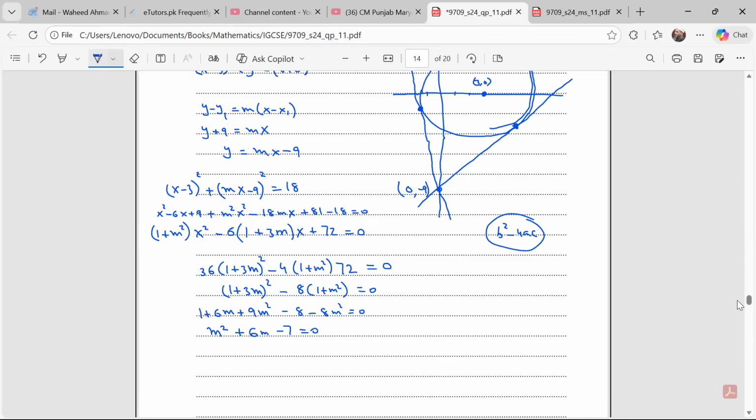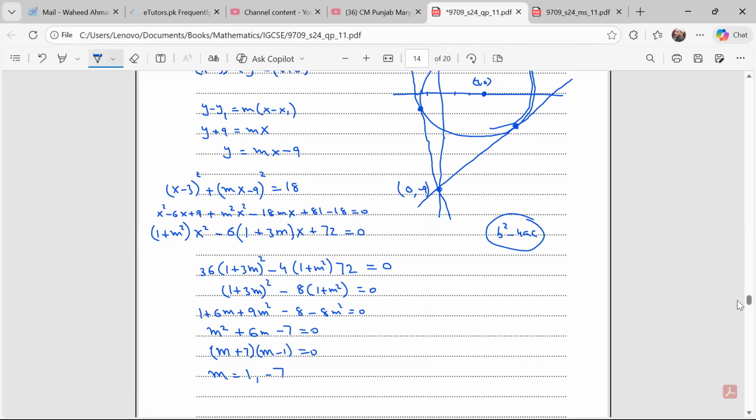You can see I can factorize it, m plus 7 and m minus 1. Am I right? First of all, 7 times minus 1 is minus 7, and plus 7m and minus 1m will give you plus 6m. Yes. Okay, so m has two values, 1 and minus 7.